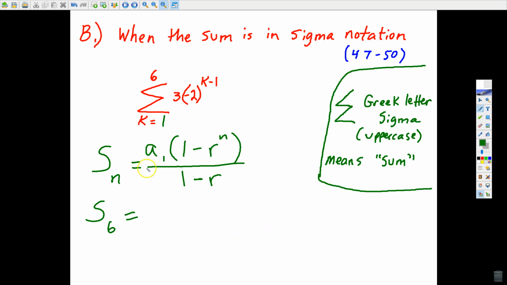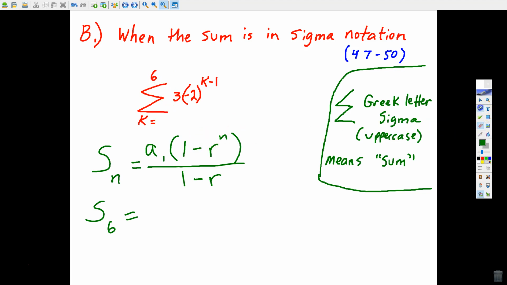Okay, so we've established how to find the number of terms that are being represented by this sigma notation. So let me just one more time warn you for future reference: please don't think that you can just look at this top number of sigma to identify the number of terms.